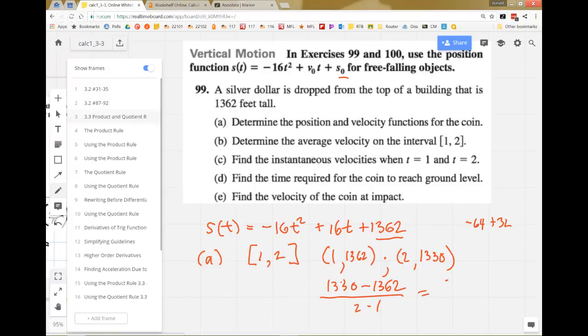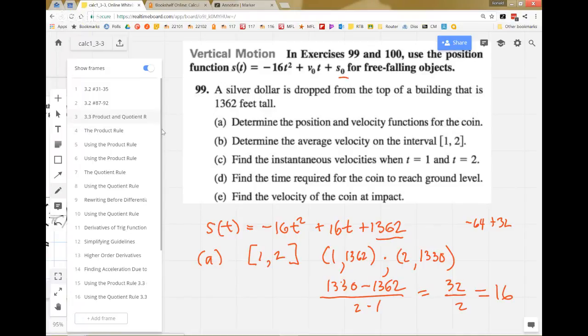What we get here is 32 over 2. So there's the average velocity. I don't know if that's feet or whatever, but anyway, that's your answer for part B.